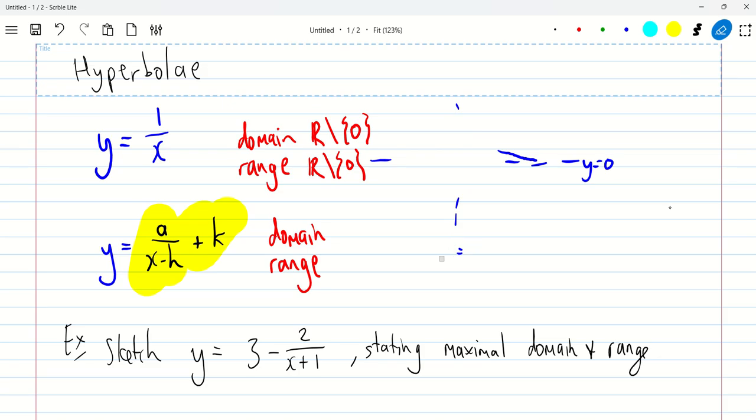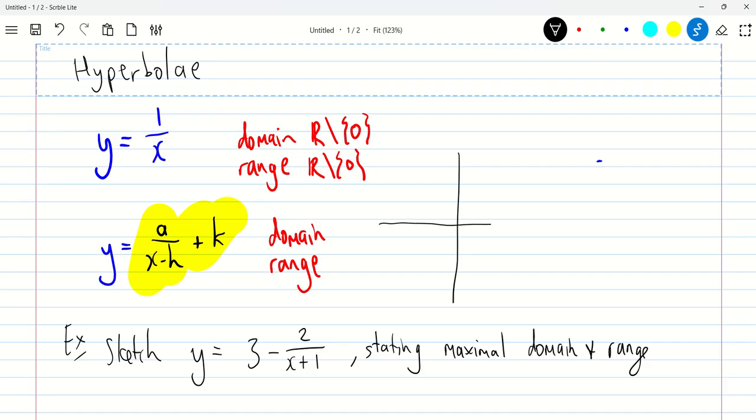So that was the basic function. So what does this transformed variety look like? Remember that x minus h and x plus k move the graph to the left and to the right. The x minus h on the bottom line moves the asymptote h to the right, so we're going to get an asymptote at x equals h.